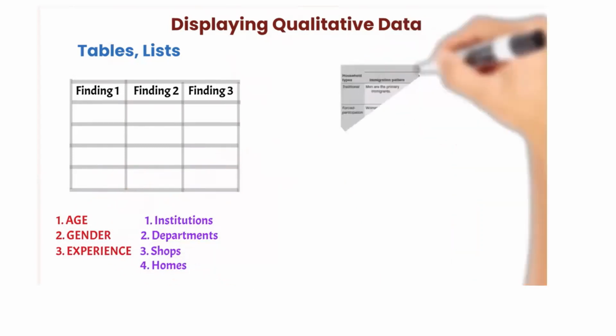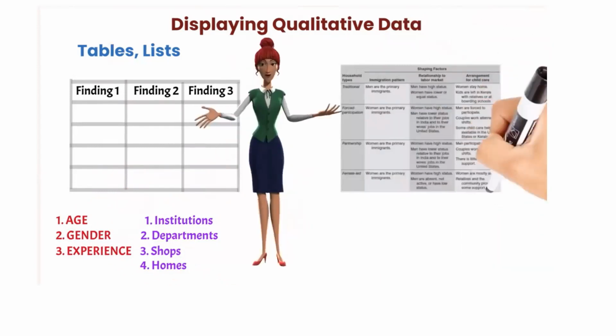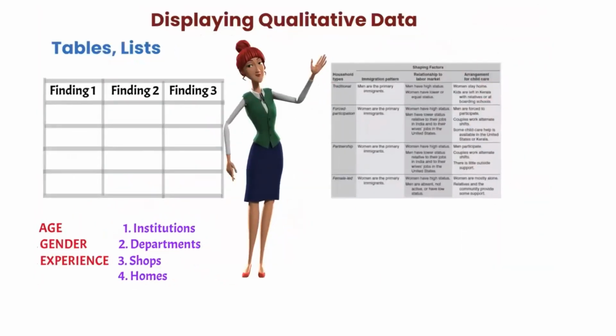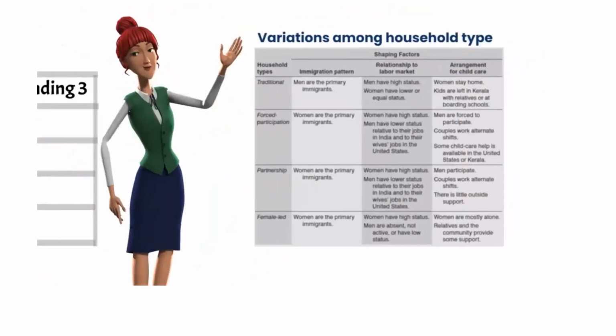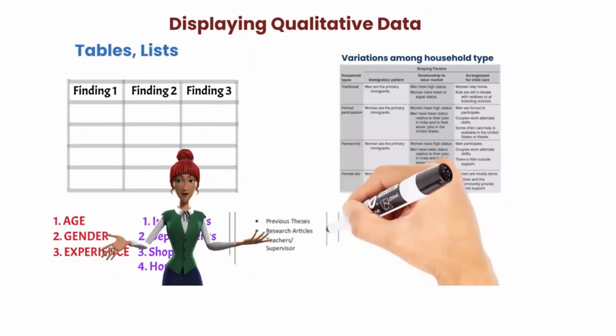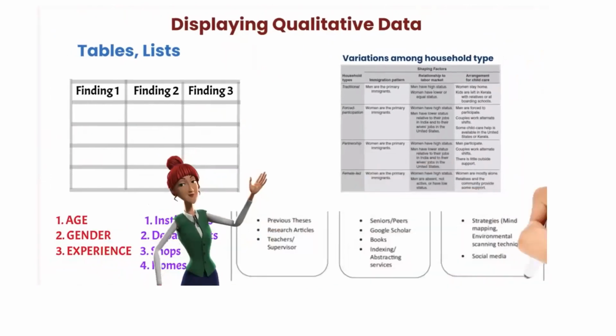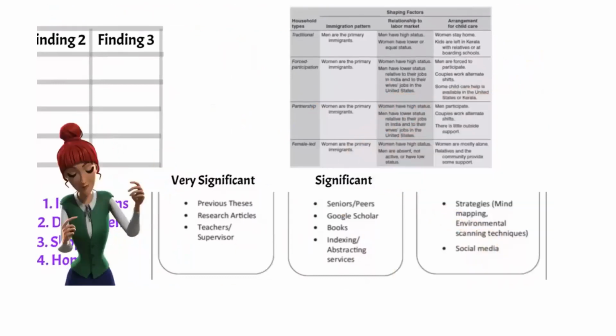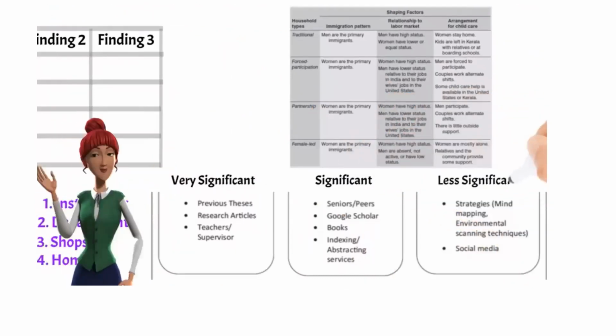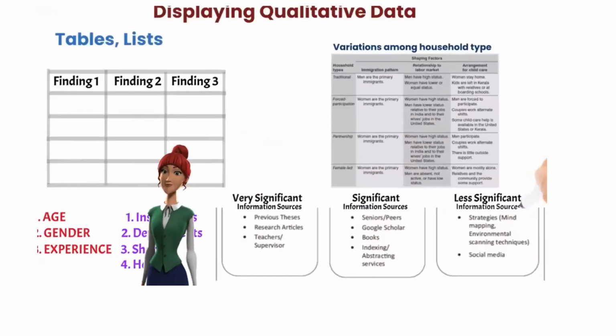See some examples here. In the first table, the author exhibits household types and shaping patterns in columns and rows. In the second table, which is extracted from my personal research paper, I showed very significant and less significant information used by journalists.